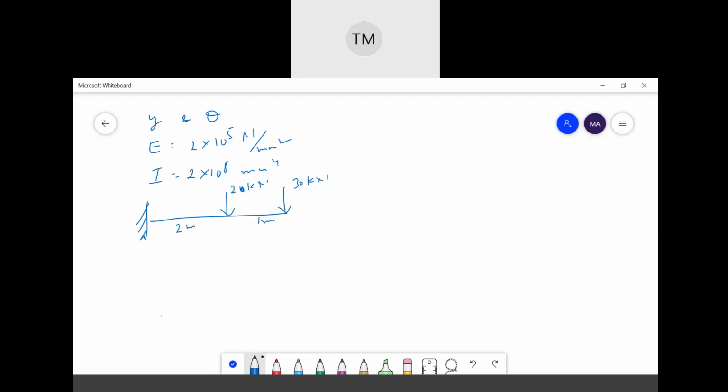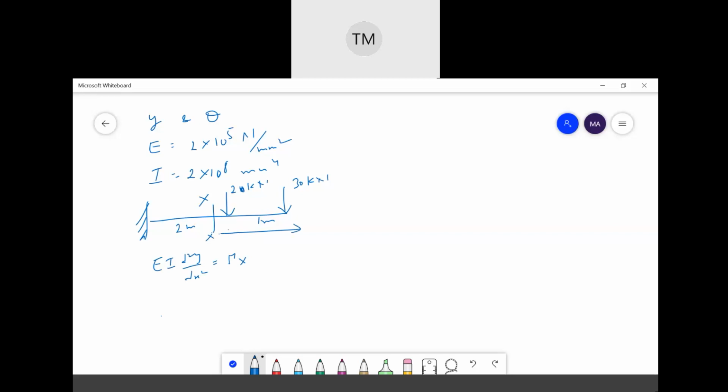What is the differential equation you have? EI d square y by dx square is equal to Mx. For that, you consider a section X. Always consider the section from the free end, after the completion of loads.